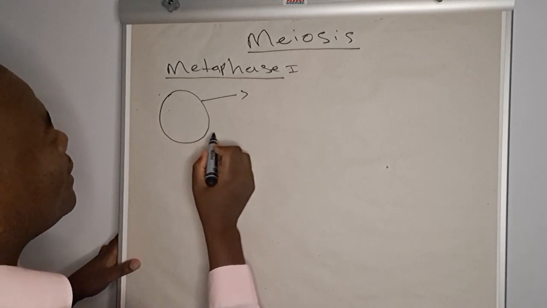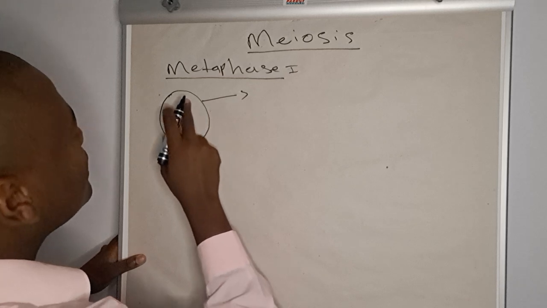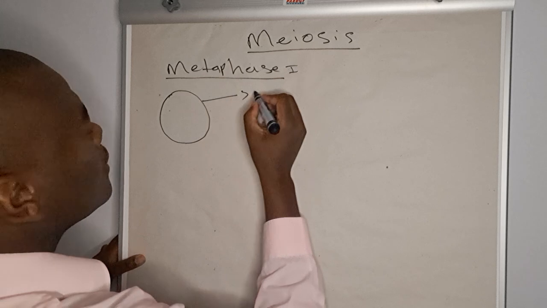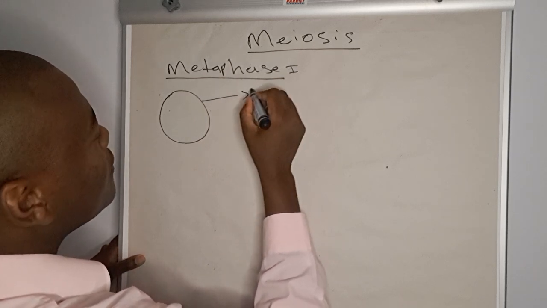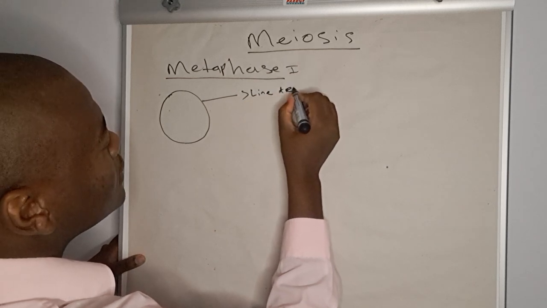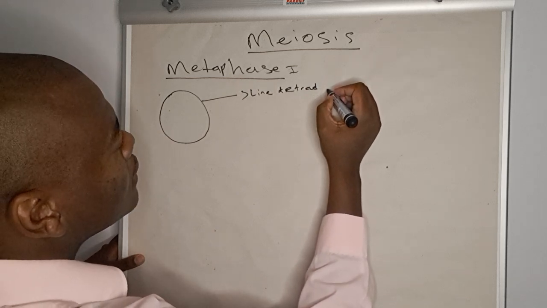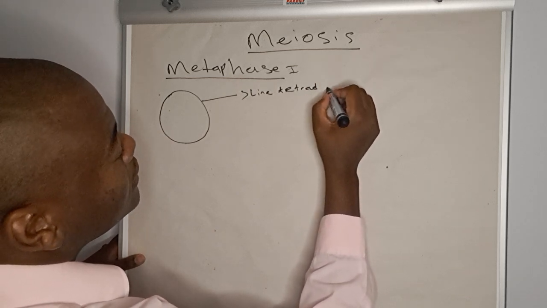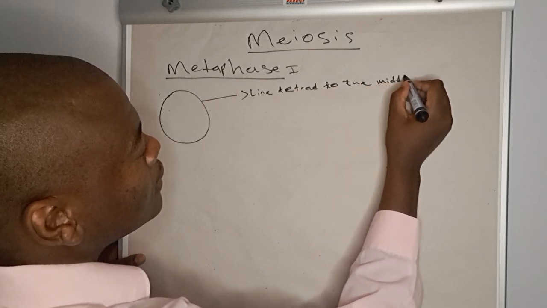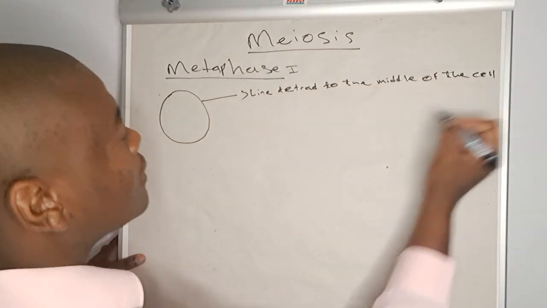Now, this is what is happening here. This must be contracted, lining, metaphase, line tetrad to the middle of the cell.